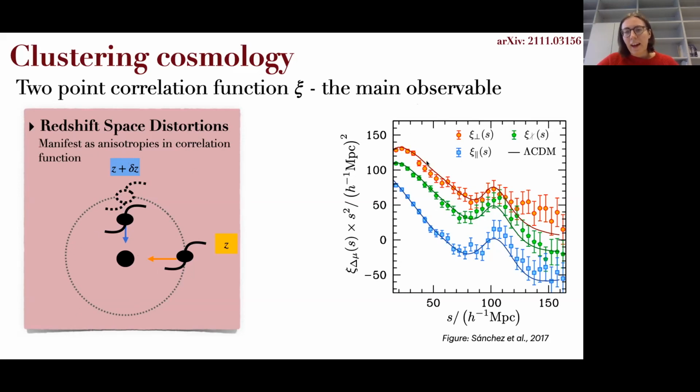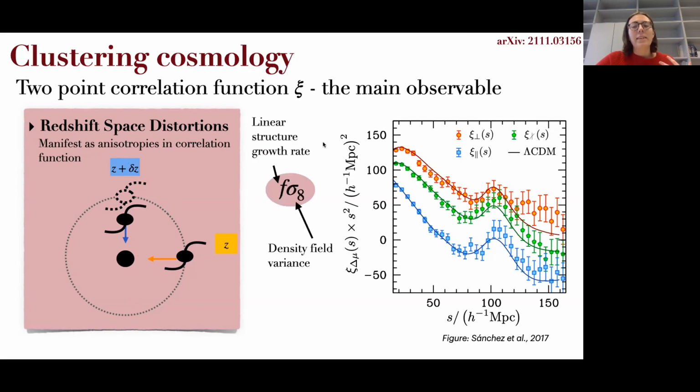And you can see how, of course, in these different directions, the amplitude changes, and that is due to these redshift space distortions. And we're able to fit this change in amplitude, and it can be described by the combination of linear structure growth rate and the density field variance. Normally, the parameter used for that is sigma 8, but really a much more appropriate way to describe this would be sigma 12, but I will get to this in a moment.